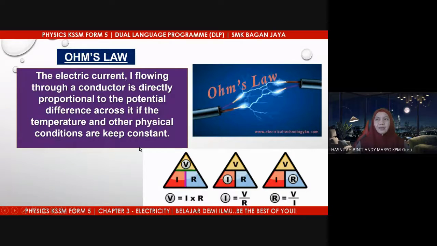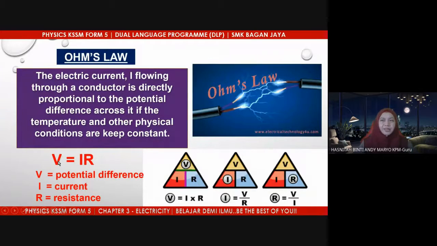And this is the formula for Ohm's law. V equals IR. You may write this formula as well. V stands for potential difference, I is the current, R is the resistance. From this formula, if you look at this triangle, it shows the relationship between each of them. V equals IR.